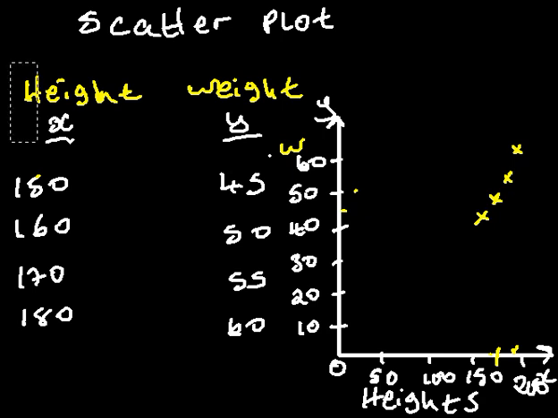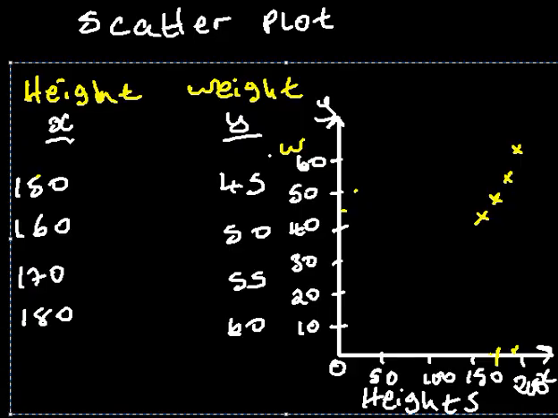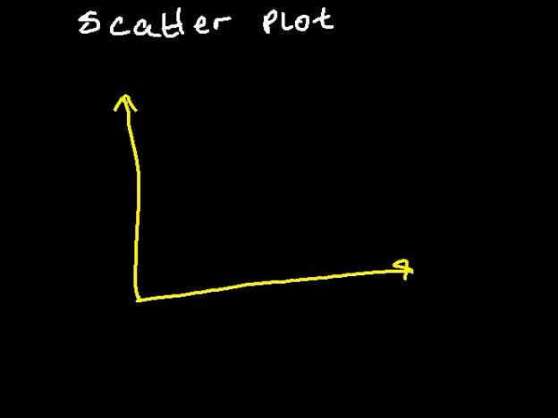In some cases, the scatter plot may also look like this, as a simple structure. We can have a scatter plot something like this, where this corresponds to the x-axis and this is the y-axis, and the points can be presented like this.